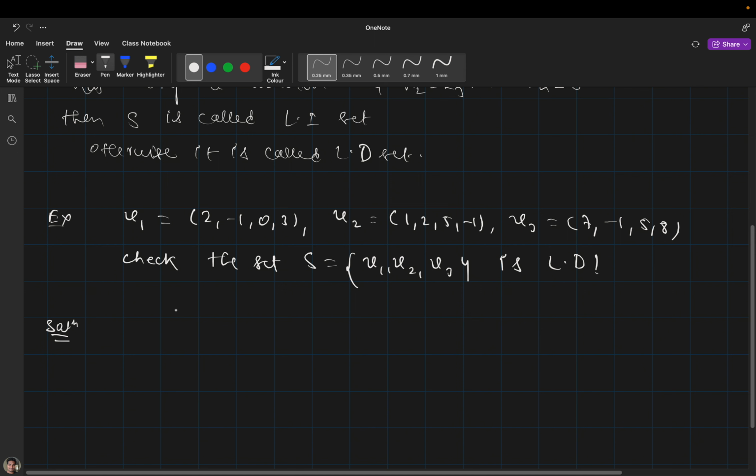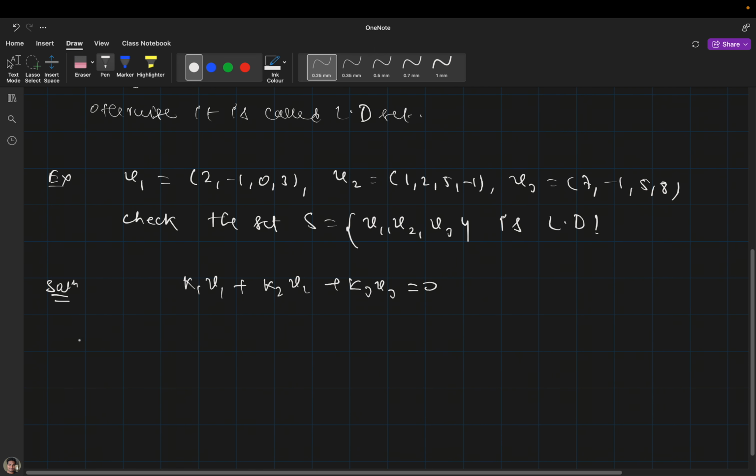Okay. So to check whether this set is linearly independent or not, we have to write in this form: k1 v1 plus k2 v2 plus k3 v3 equal to 0. Since k1, k2, k3 are scalars, we can write it like this.